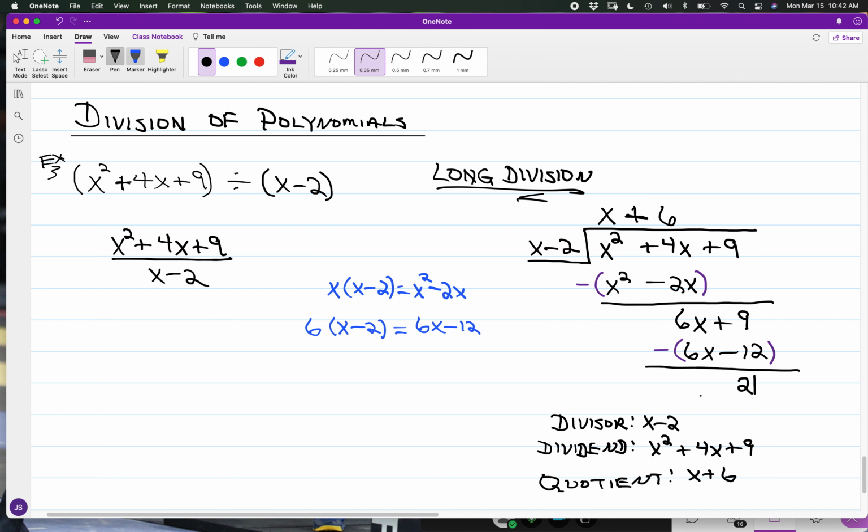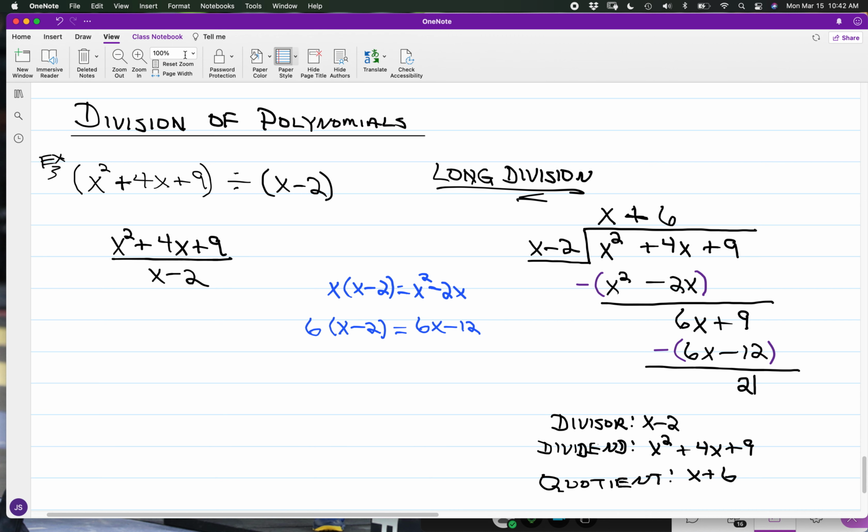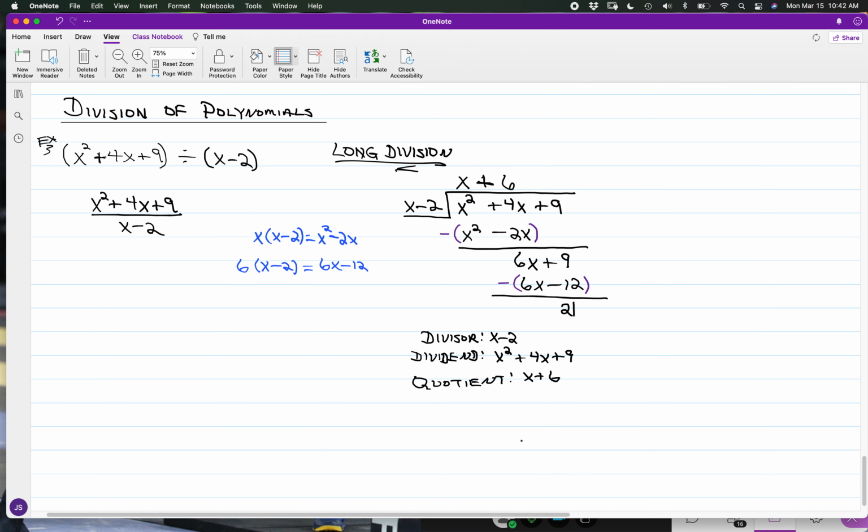And the number 21 here, that is going to end up as the remainder. So x minus 2 into x squared plus 4x plus 9 is going to go x plus 6 times, but leave a remainder of 21.